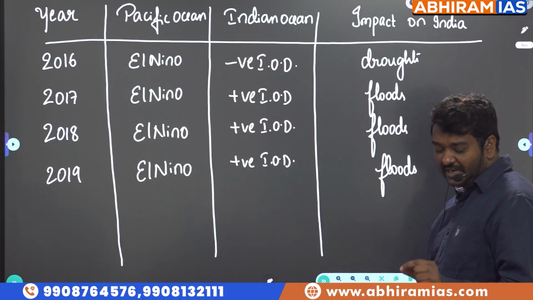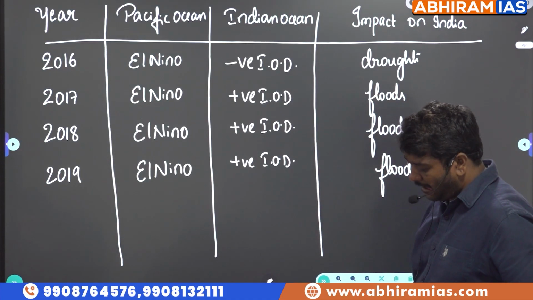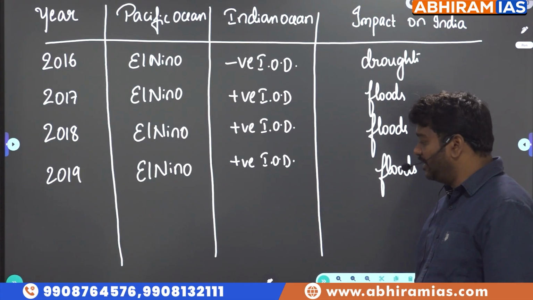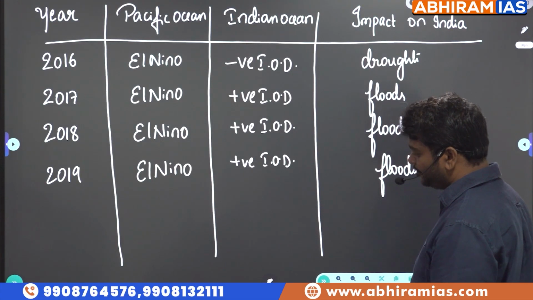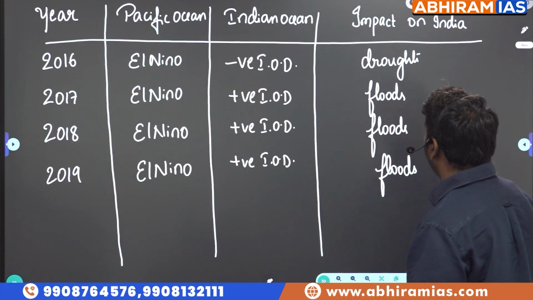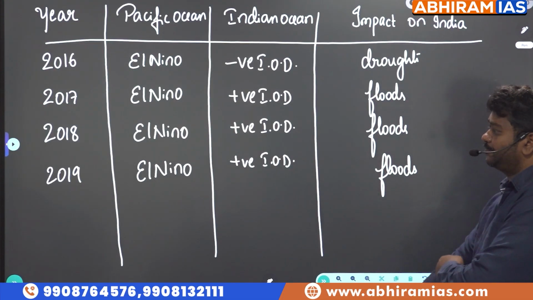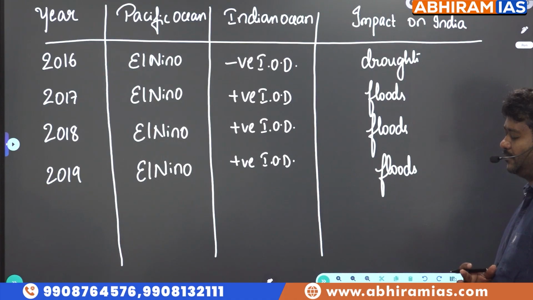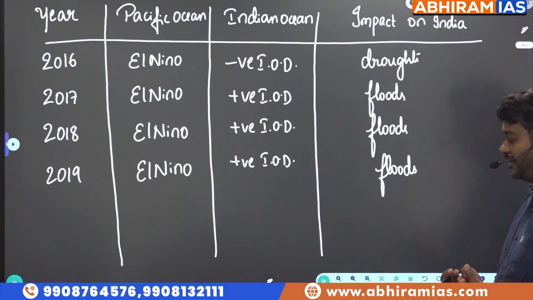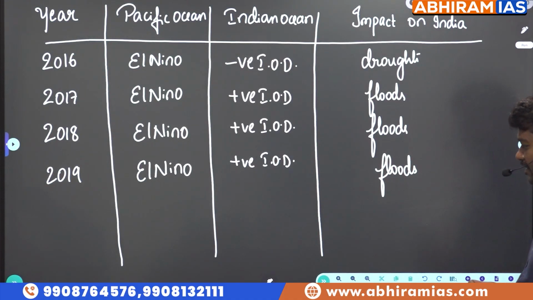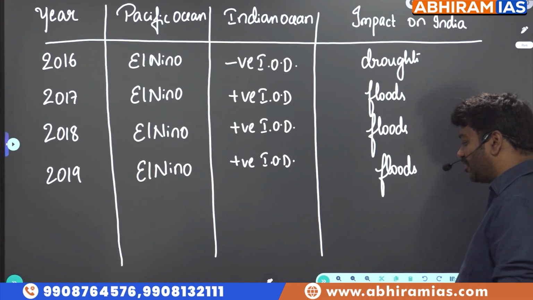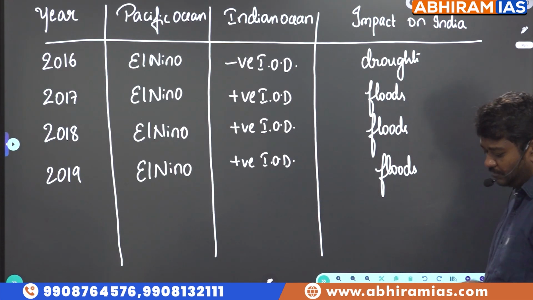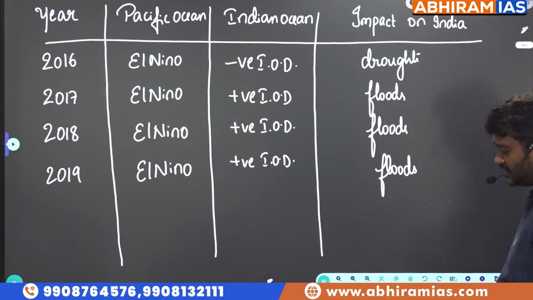Next point, negative IOD will have cold water near Africa and warm water near Australia.